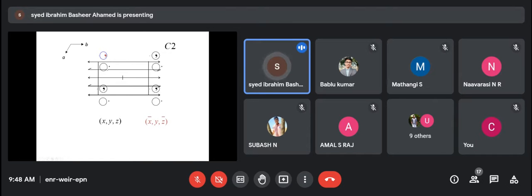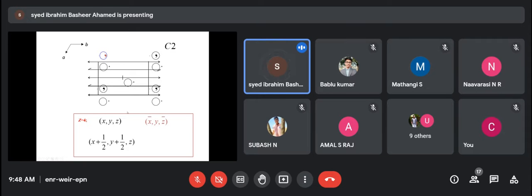You can see the same thing in the next lattice, another lattice here. So you have the same thing. Now we come back to the C-centered lattice, which means you will have a molecule here in the center.